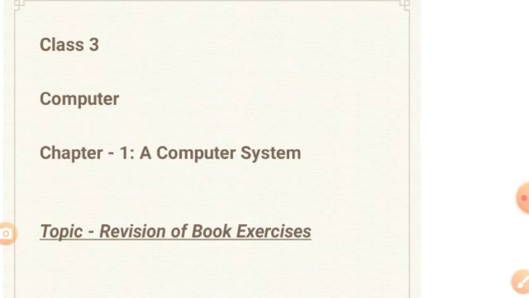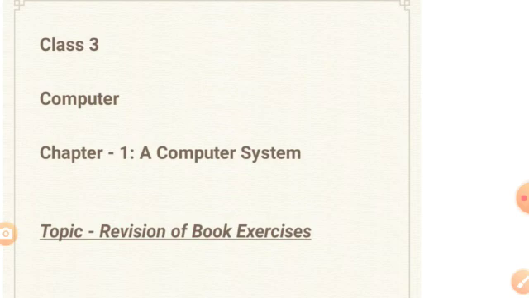Then application software helps to do a specific type of work, that is MS Word to type letters, MS PowerPoint to make presentations, and MS Excel to do calculation work, and there are so many other applications which we use for different specific types of work.